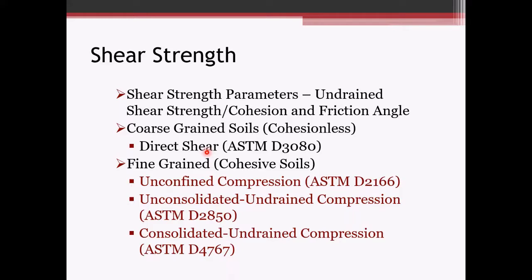There are a few more options for fine-grained soils, which consist of the unconfined compression test, the unconsolidated-undrained compression test, which is often called the UU test, or the consolidated-undrained compression test, which is often called the CU test. So it's up to the engineer to determine which test is appropriate based on the soil conditions and how they're going to evaluate the geotechnical issues on a project.